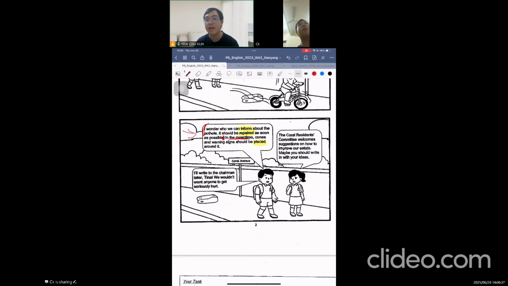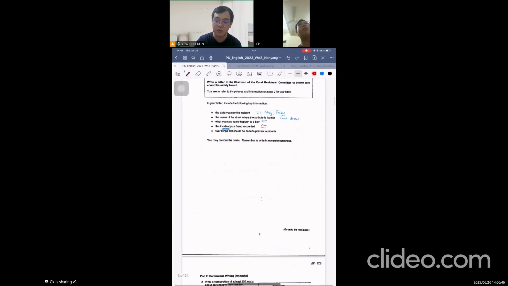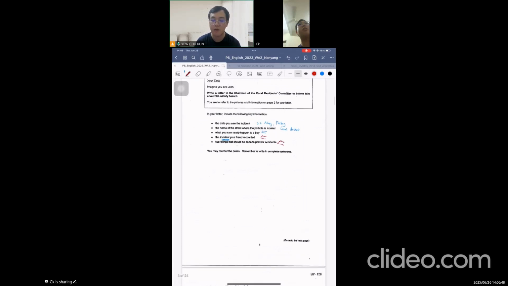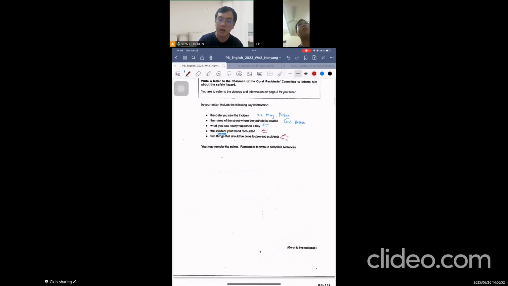So this is another action that can be taken before the repair is done. So this will come for point 5. And finally, you may reorder the points. That means you do not need to follow all the flow, but remember you need to include everything in the letter. So remember to write in complete sentences.